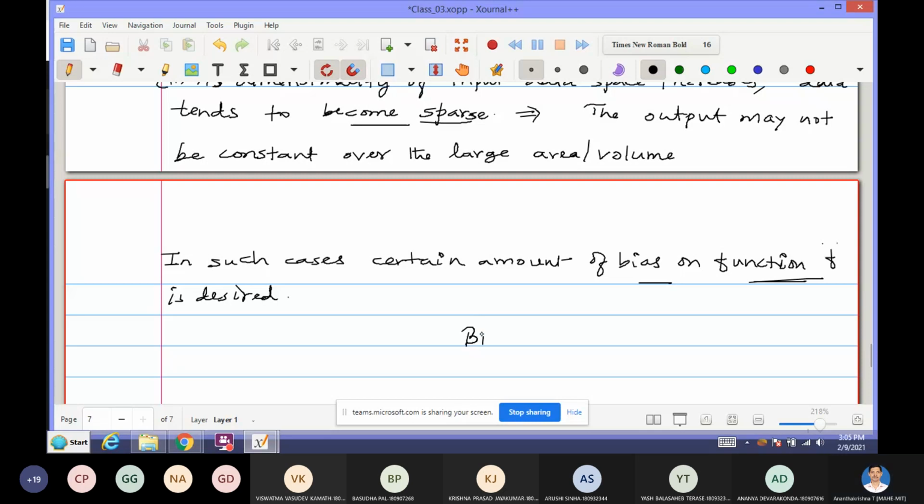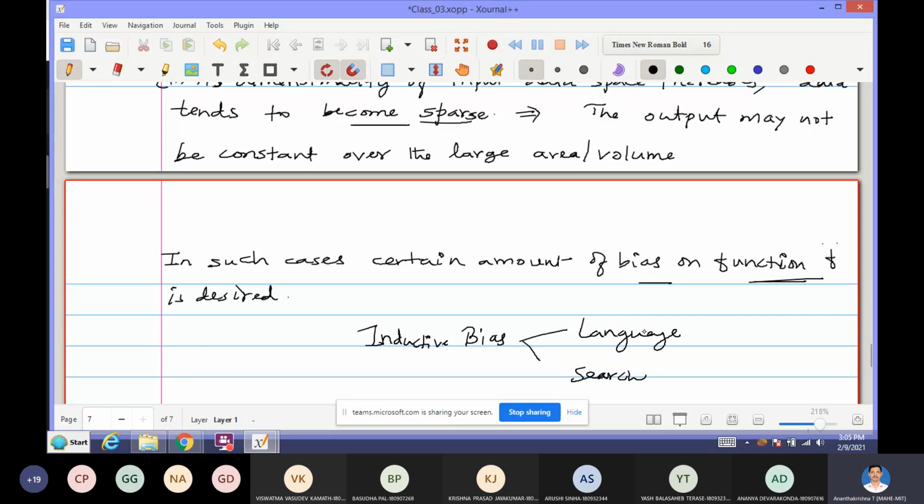I'm talking about inductive bias. I was saying the other day that the bias can be a language bias or a search bias.